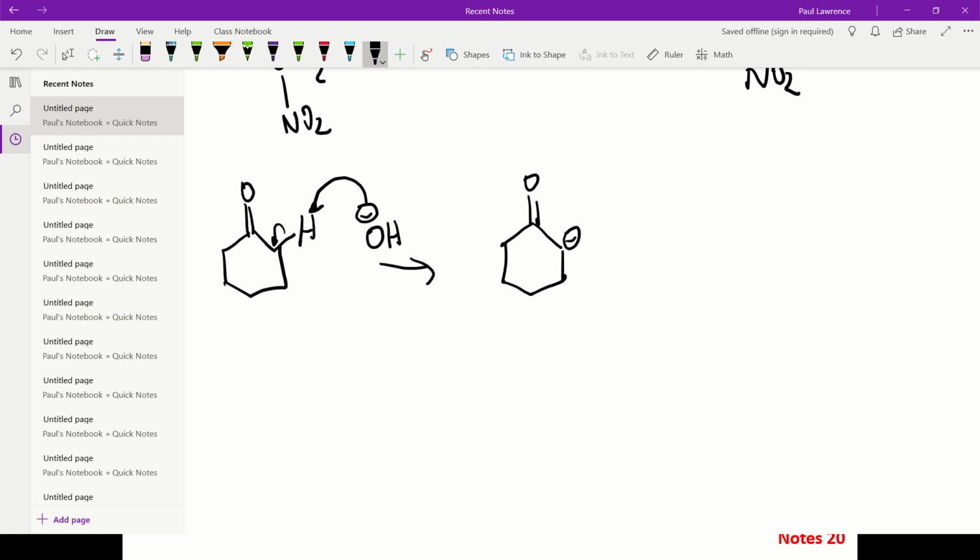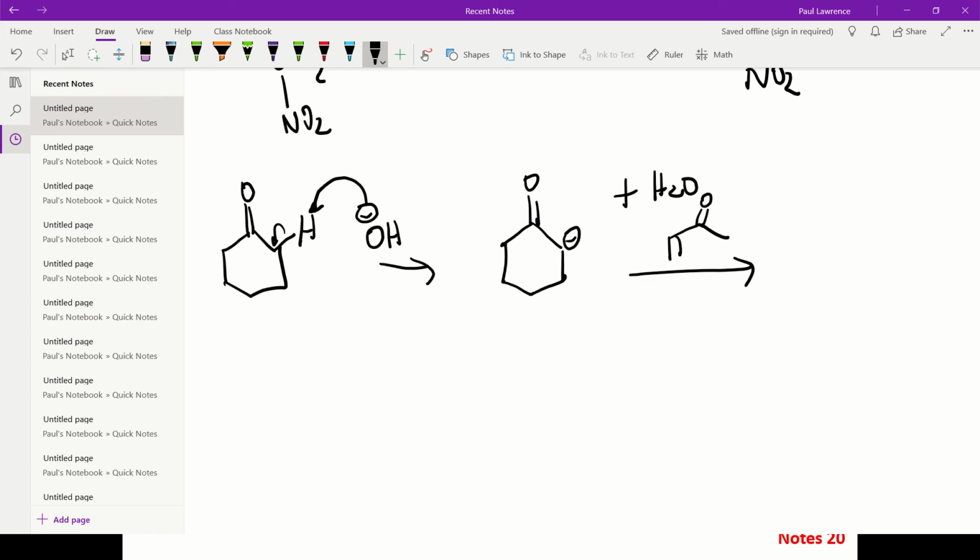So there's our enolate, plus water was made. The next step, we just take that enolate and react it with the alpha, beta unsaturated ketone.